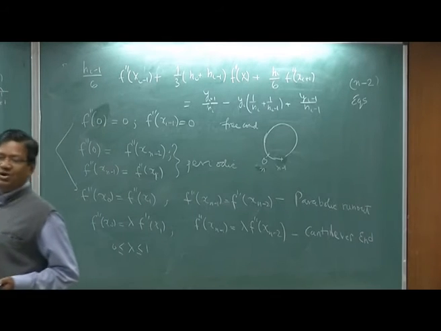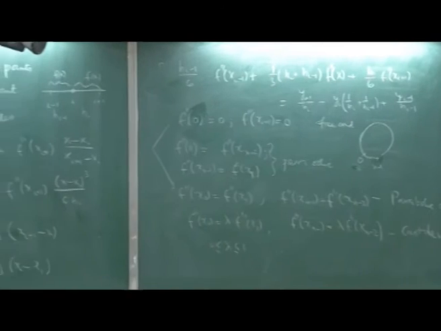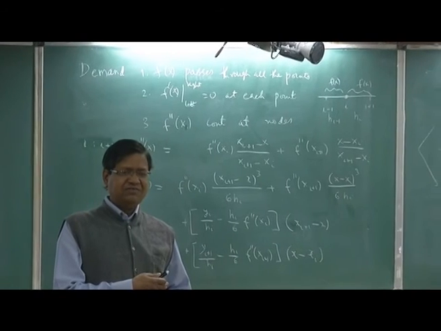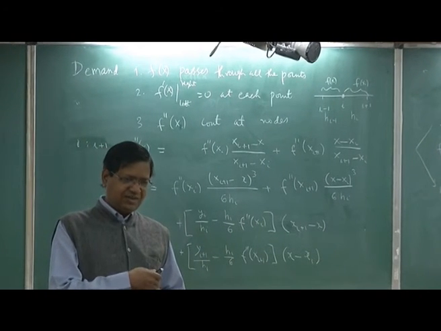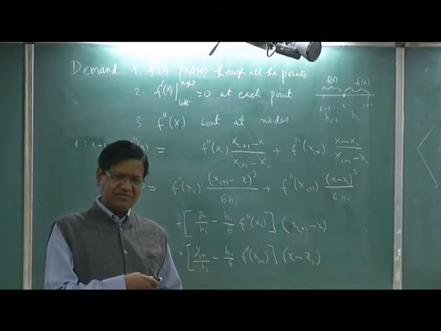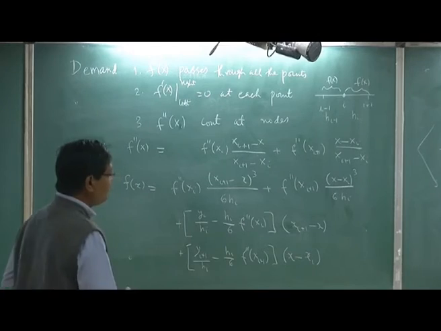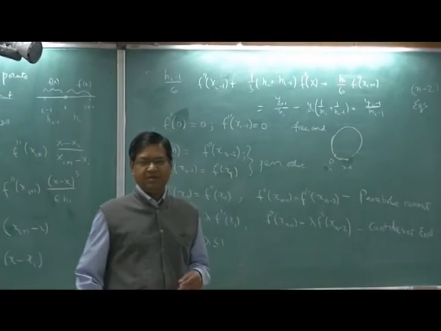And these are 4 popular conditions. So with this you can close and you can find out f double prime. Once you know f double prime, you can find out if it is piecewise cubic. It demands that its function is continuous, its first derivative is continuous, and also the second derivative is the same. So it's a very good interpolating function. In graphics, it is highly used.